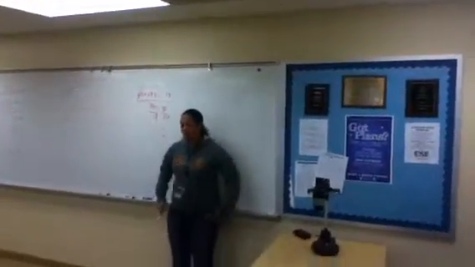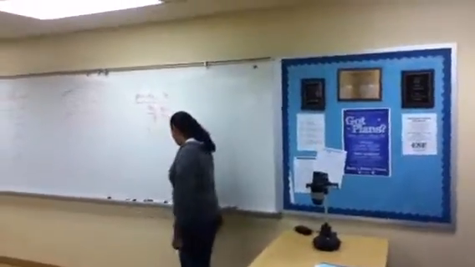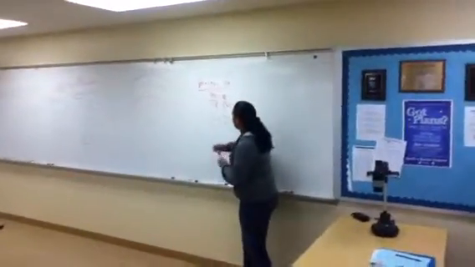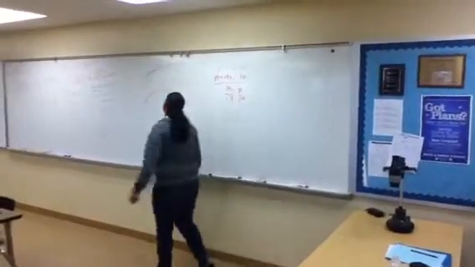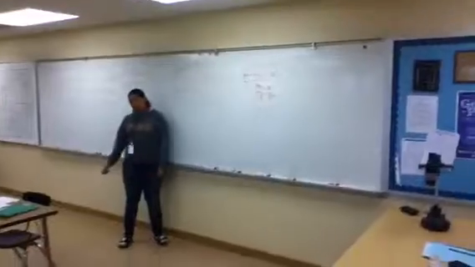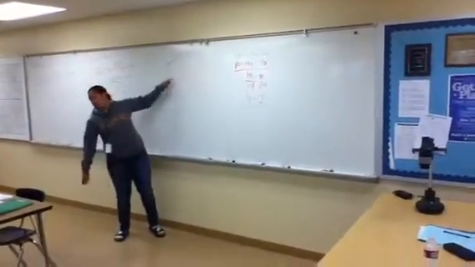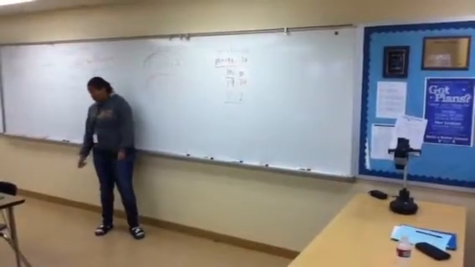Are we done? No. What do we have to do? Get the x. We have to plug the y into an equation and solve for x. Which equation do we want to plug it into? Does it matter? Nope. We can plug it into any equation. Should we plug it into the top or the bottom? The top.